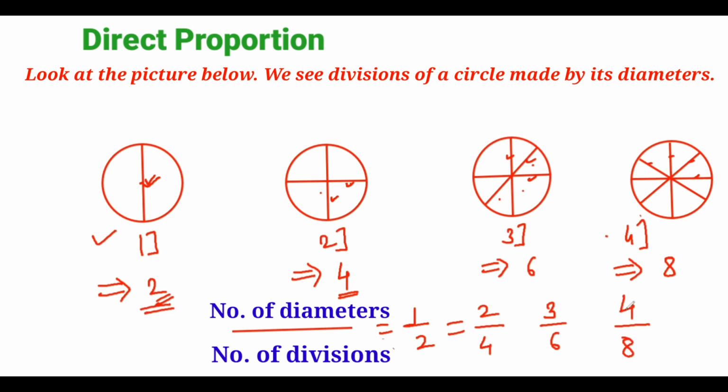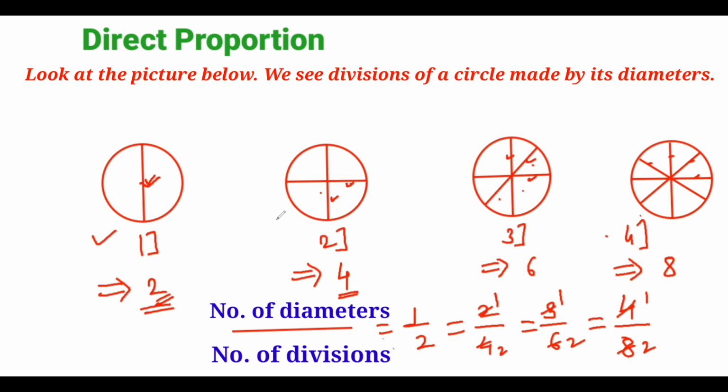After simplification, we will get 4 ones are 4, so it will become 1/2, 3 twos are 6 and 4 twos are 8. So all ratios become equal. Look at here, dear student. Number of diameter and number of division have ratio 1/2 and it is a constant ratio.